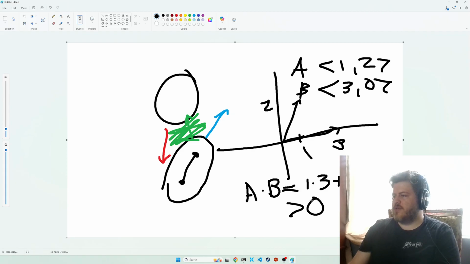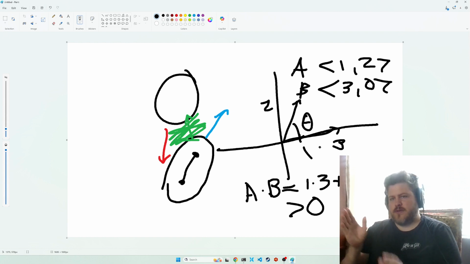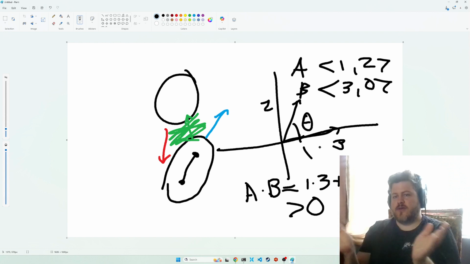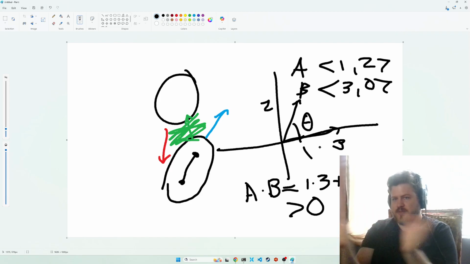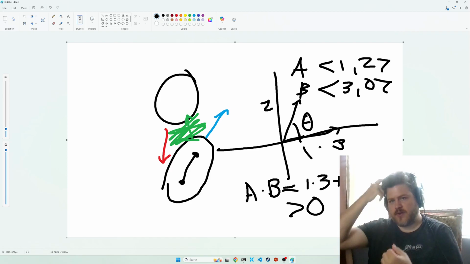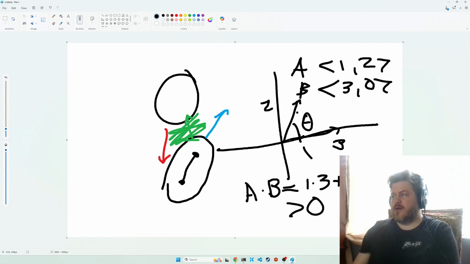If that number is greater than 0, then the angle between them is less than 90 degrees, right? So if you're asking, is something kind of in front of me? Is something not behind me? If something's behind you, the dot product here is going to be negative.